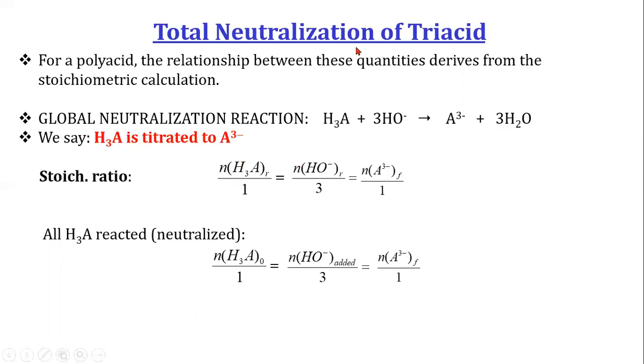Okay, so I need 3 moles of OH minus to react for every 1 mole of the acid. And if you have the same volume, of course, the number of moles becomes concentration terms.